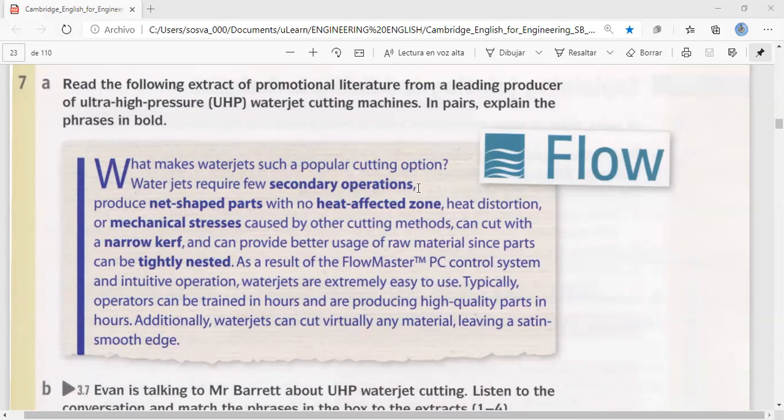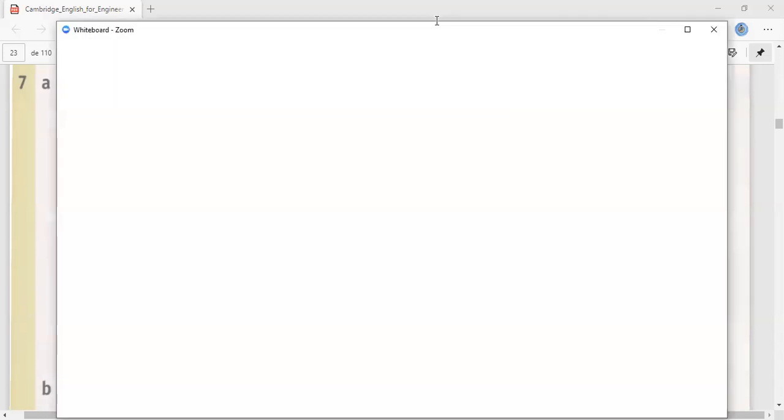I'm going to change to a slide so that you can use the book on your own to get the meaning of these. You can write it on the blank space on the right, or in your notebook. Now you're going to see my whiteboard.